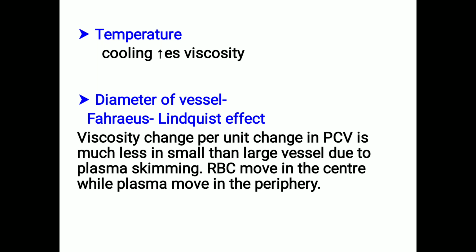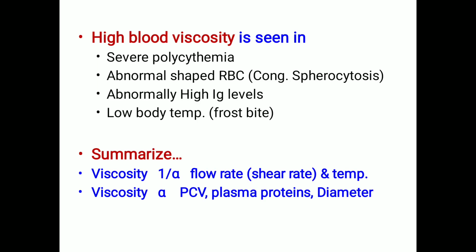In small vessels, the RBCs are more concentrated in the center, and cell-free plasma is more towards the peripheral region. So the net change in viscosity when there is a change in hematocrit is less in the body than in vitro. As a result, in polycythemia, the blood viscosity increases and peripheral resistance also increases.